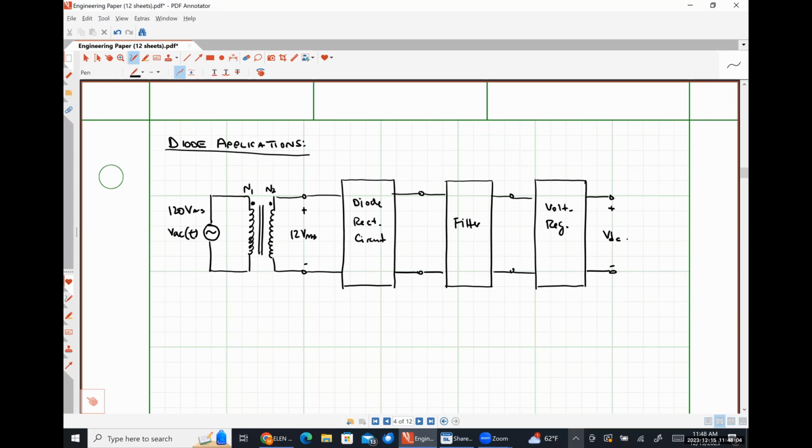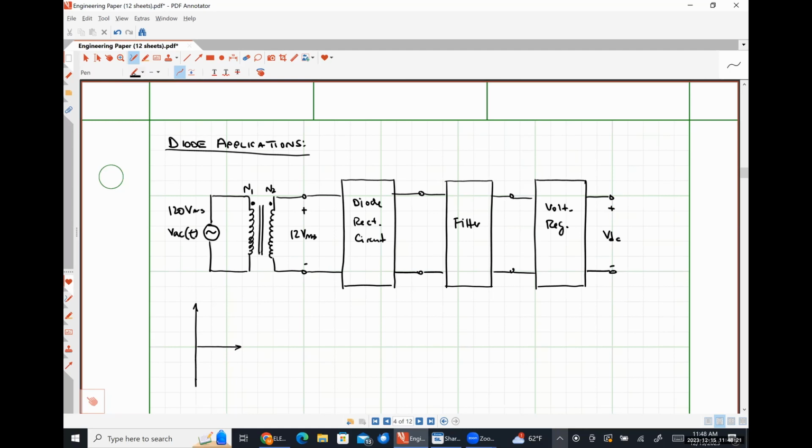So if we were to look at kind of a signal flow diagram type thing, we might have something like this.